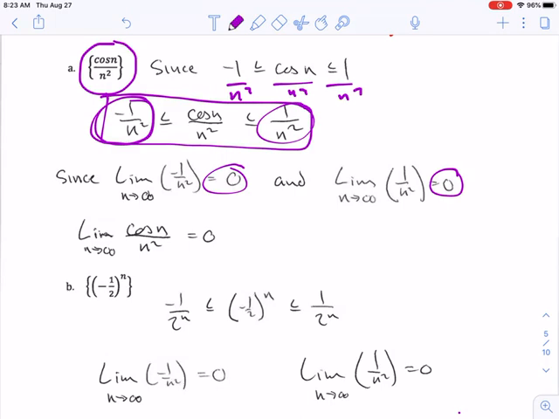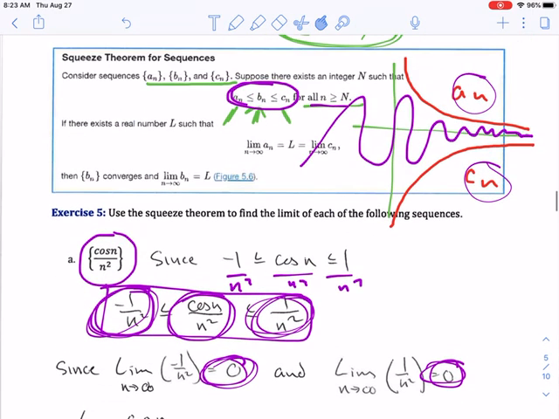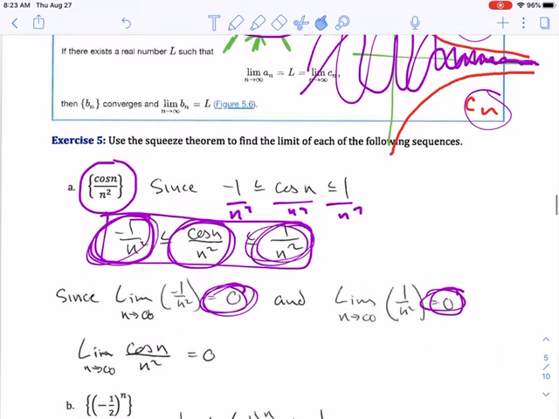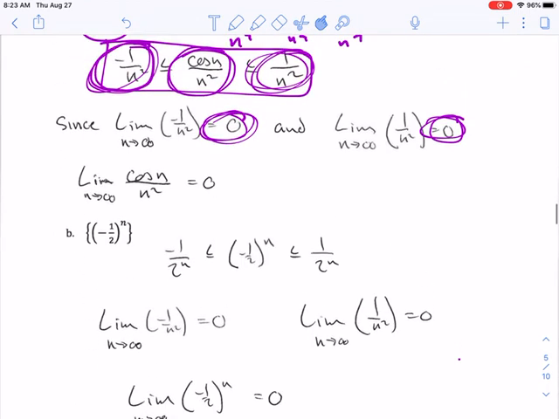So since the cosine of n over n squared is always between these two functions, and these two functions are converging to 0, then it's just like the example that I gave you above, where b sub n, the cosine function, is going to be going up and down, but it's being squeezed in between those two functions. And so the limit of this function is going to be equal to 0.